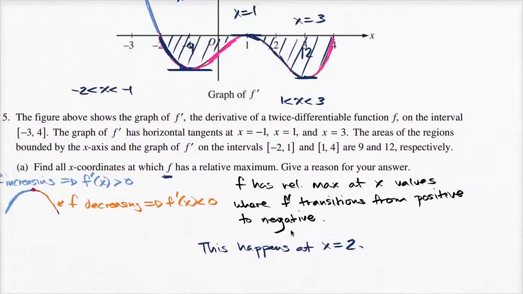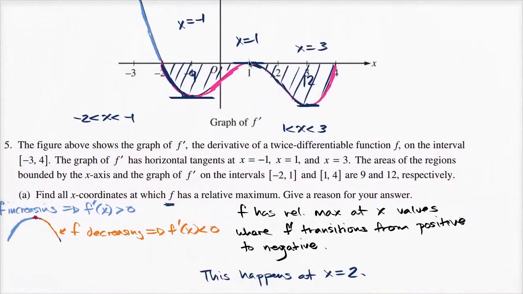So the integral from 1 to 4 of f prime, that's that curve right over here. Well, that's going to give this area, but it's going to be the negative of the area.